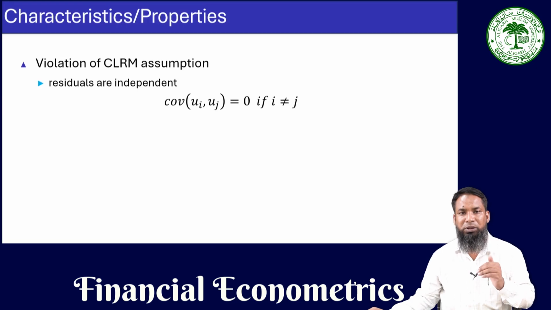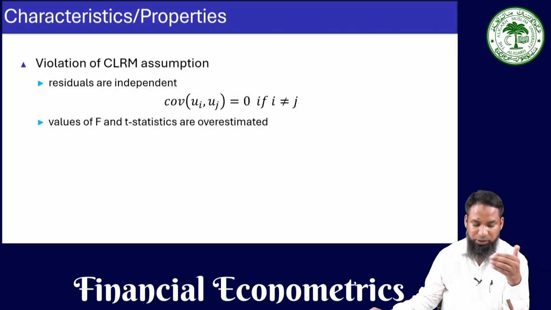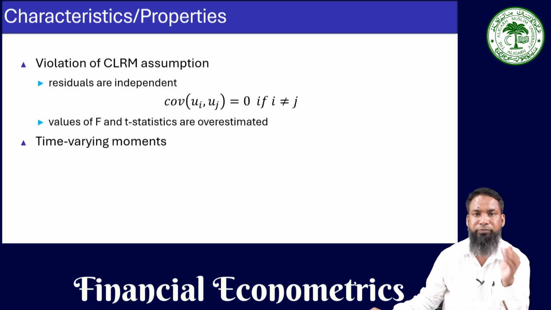So in that case, the observations will be related to the previous observations, and therefore we have the problem of autocorrelation. And once we have that, the values of F and t statistics are overestimated. That means the parameters are not reliable.